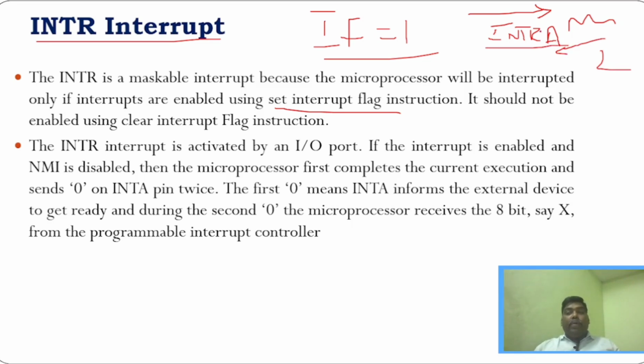What is the INTA pin? That is the interrupt acknowledge pin, right? With the first pulse, it will tell the external device to be ready, and with the next pulse, it will receive data from that particular device, right? That is the operation of the INTR interrupt.